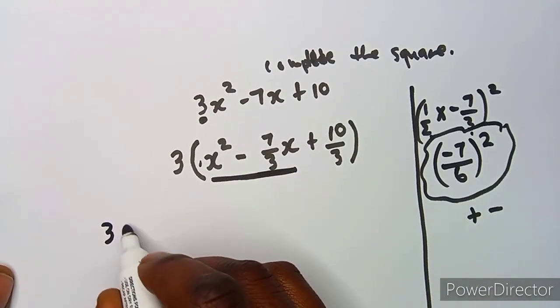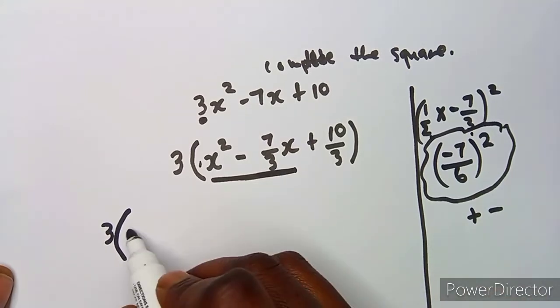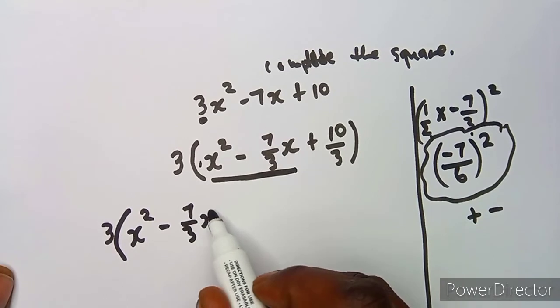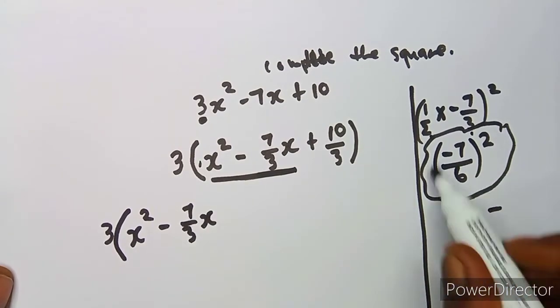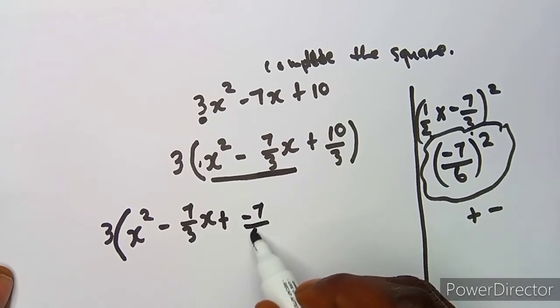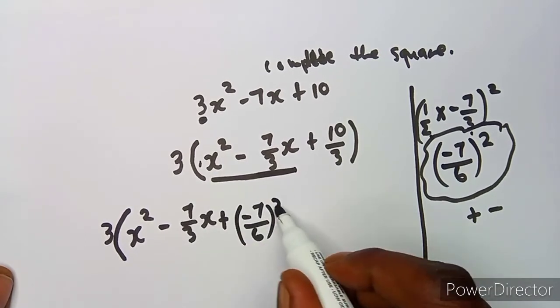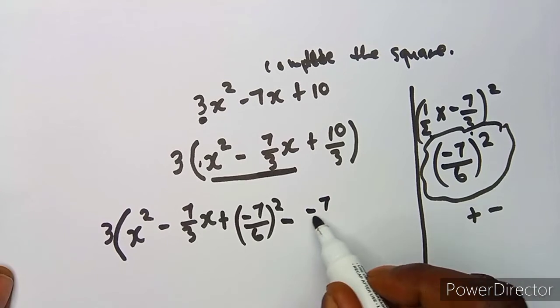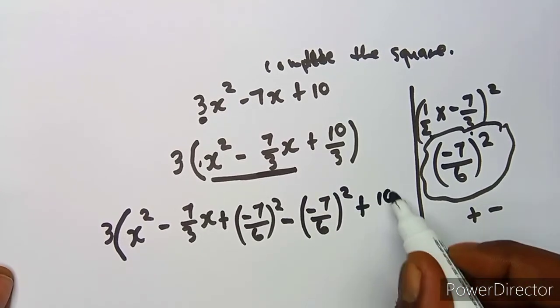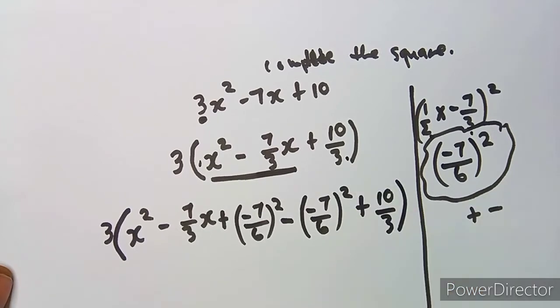So it's 3 into x squared minus 7 over 3 x, like this. We add this square, so it's going to be plus minus 7 over 6, squared. Then we subtract the same square that we have added, plus 10 over 3, the one that we have here.